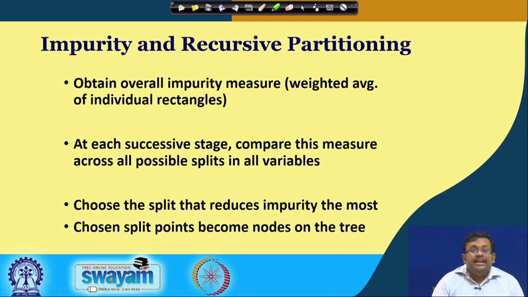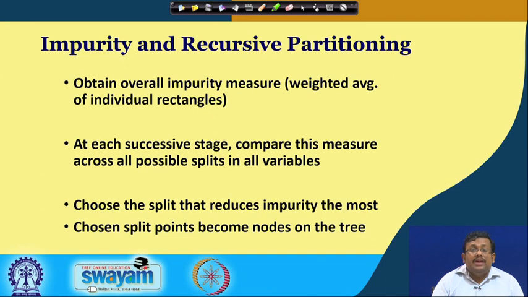So, what is impurity and recursive partitioning? We have to obtain the overall impurity measure, the weighted average of the individual rectangles. At each successive stage, we compare this measure across all possible splits in all variables. For each step we select the best combination of variable and value, like xi and si, by measuring the overall impurity.